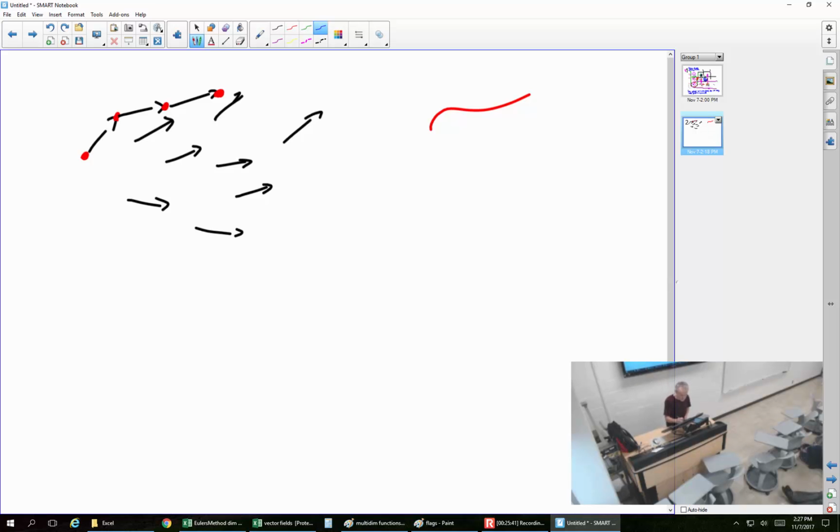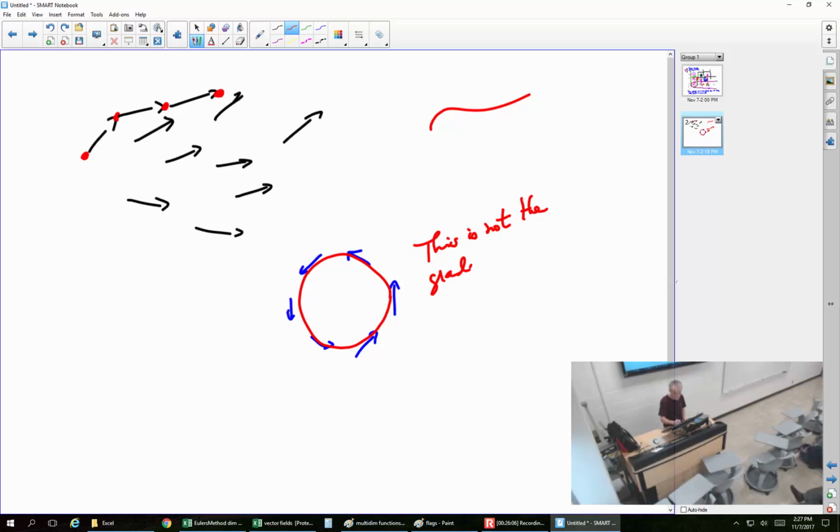Suppose a vector field looks like this, and not only does it look kind of circular, suppose it has circular paths. Okay, so I say this cannot be the gradient, the vector field of the gradient of any function. Do you see why?